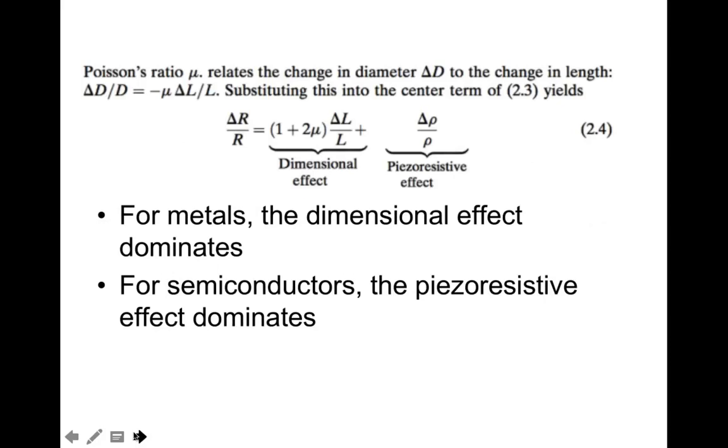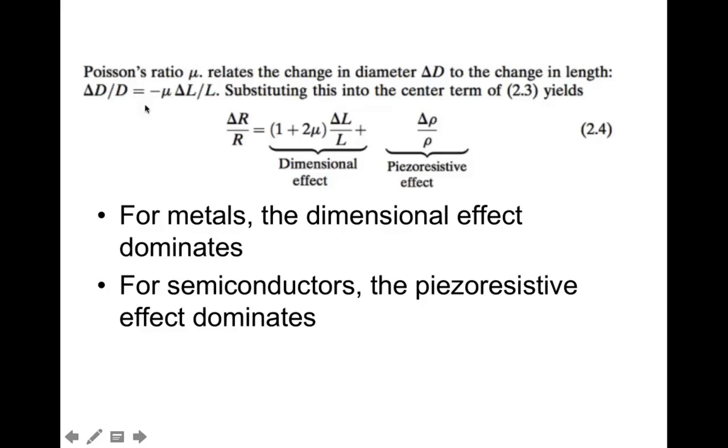Now we can further do some variable changes by incorporating what's known as Poisson's ratio. That relates the change in the diameter delta D to the change in length. So for a wire, delta D over D is proportional to delta L over L, and the proportionality constant is minus mu.